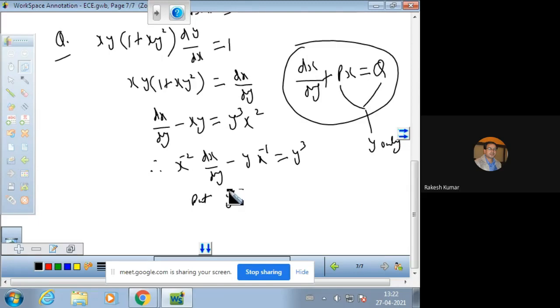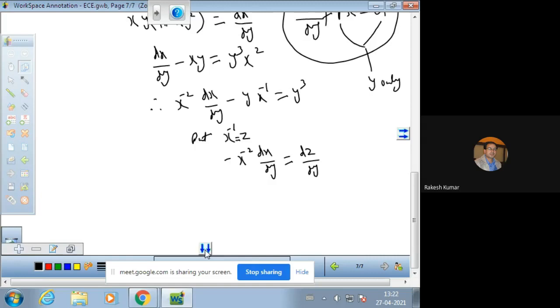So put x raised to power minus 1 is equal to z, and it can be written as minus x raised to power minus 2 dx over dy is equal to dz over dy. Now you can substitute the values.